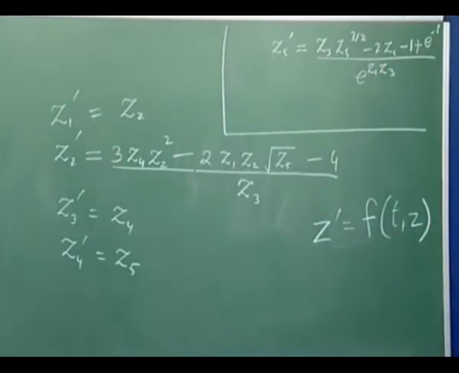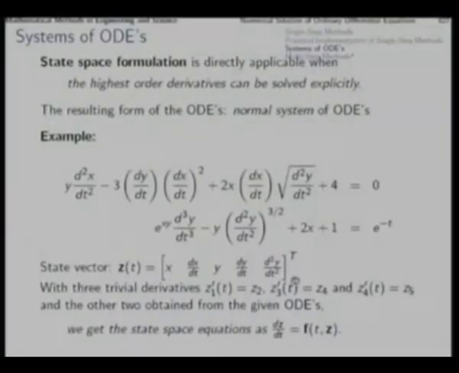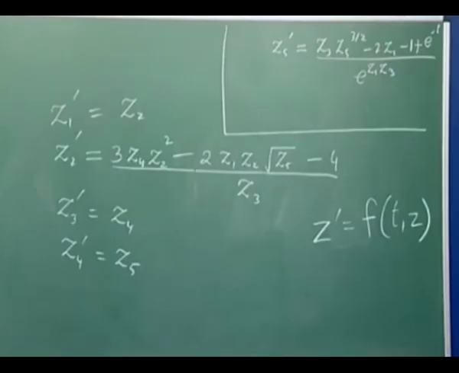So, that is this form, and this is the state space equation. So, this is how we can formulate a system of higher order ODEs into the state space form, and then use the same numerical methodologies that we discussed for the scalar single function.